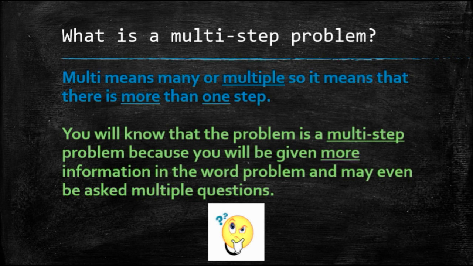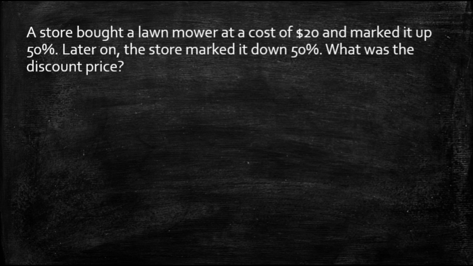So you may be able to figure out that, okay, this is a multi-step problem. So let's look at the first multi-step problem that we have here. A store bought a lawnmower at a cost of $20 and marked it up 50%. Later on, the store marked it down 50%. What was the discount price? Okay, so we know that we're going to use our cube strategy because we're awesome 7th grade mathematicians, and that's what we do.